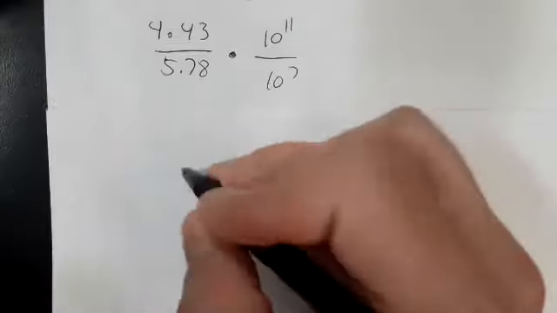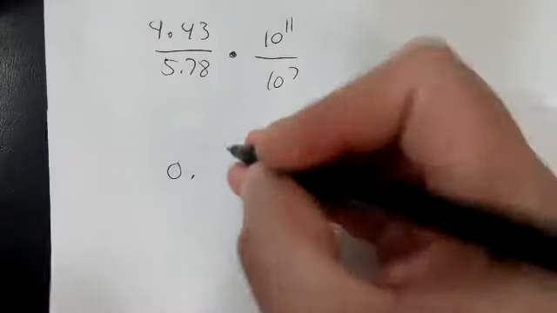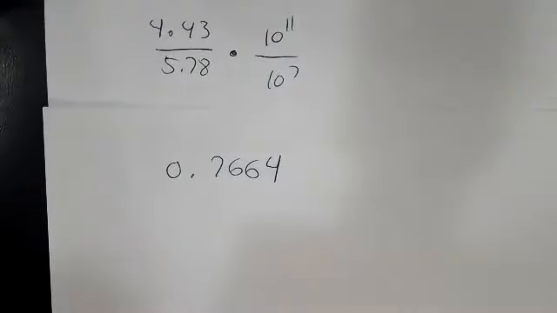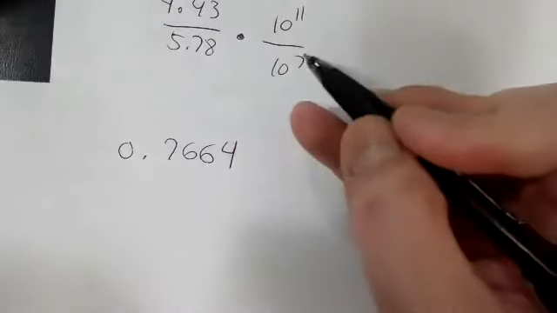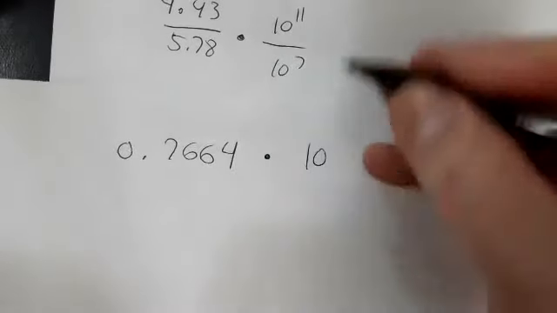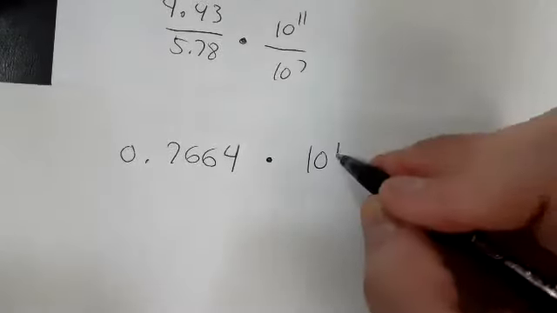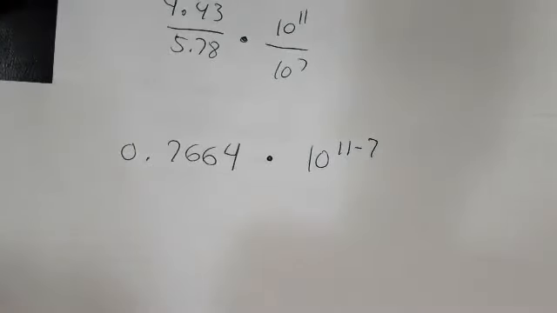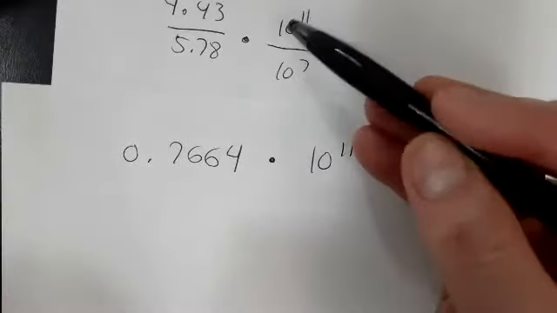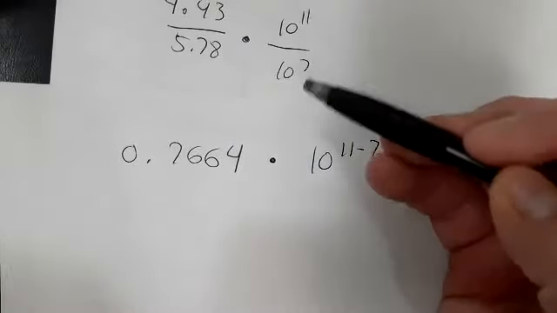And this is giving me something like, I'm going to go to 4 decimals, 0.7664. This thing over here, previously, is 11 minus 7. If we're dividing something with the same base, these are both base 10, we can subtract the exponents.